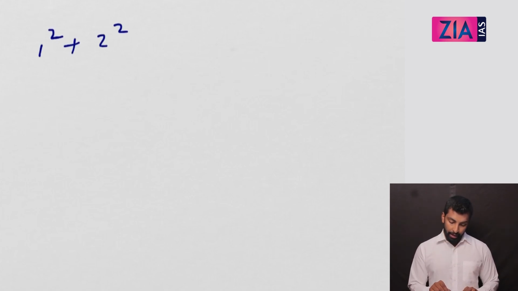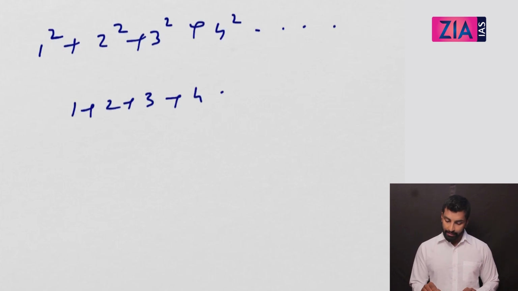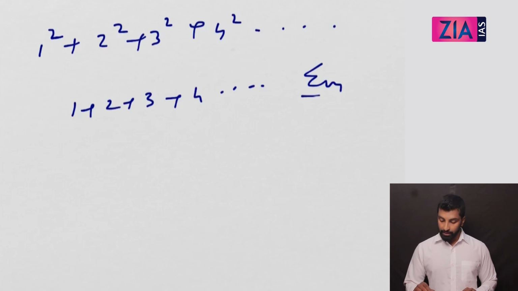Now if you need to find the sum of squares of the first n natural numbers, like this, 1 square plus 2 square plus 3 square plus 4 square, etc. See, if it is 1 plus 2 plus 3 plus 4, etc., we know sigma n. We know sigma n, and n into n plus 1 by 2 is what?